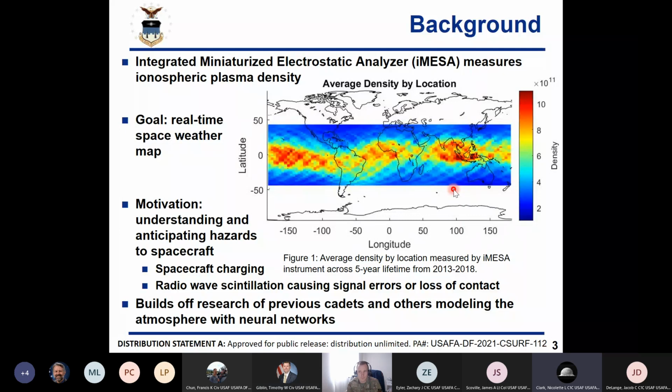Yes. So that's kind of a complicated question to answer because it has a lot of gaps in it. Technically the IMESA instrument takes a measurement once every approximately 10 seconds. But in a data set of initially 8.5 million data points, 7.5 million of those were recorded as errors because the IMESA instrument couldn't measure the plasma density, in most cases because it was too low.